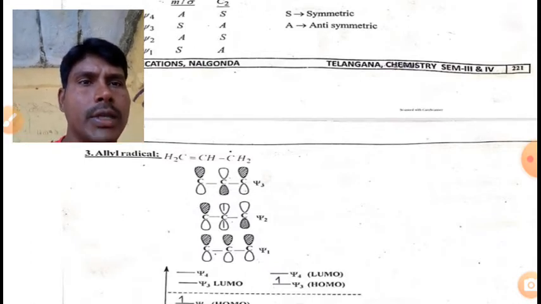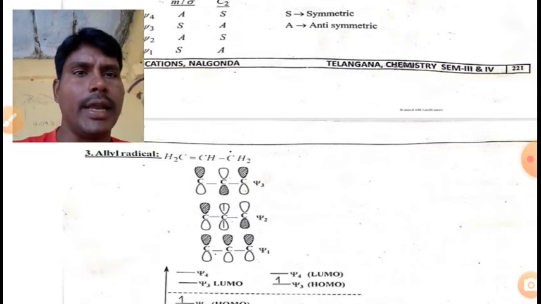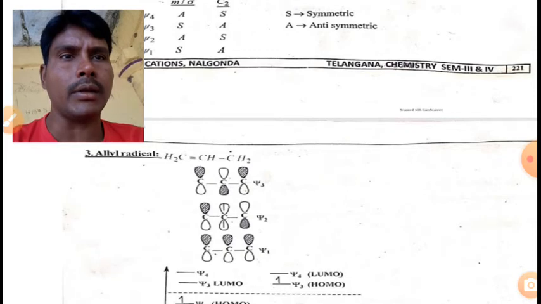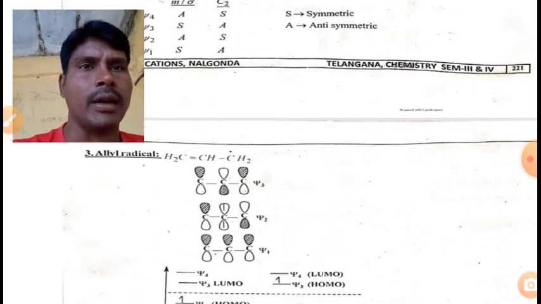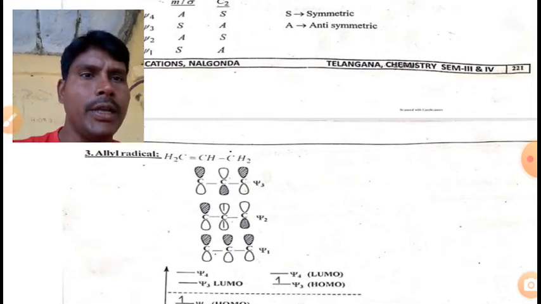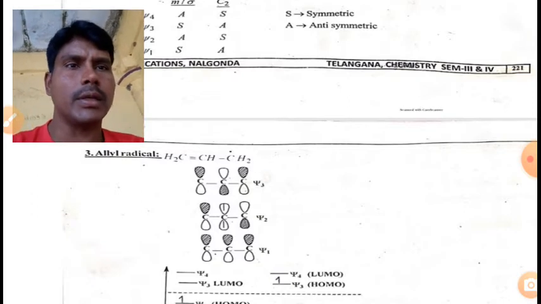The allyl radical has 3 electrons: two pi electrons and one single, unpaired electron.